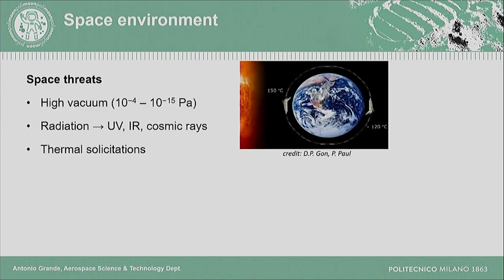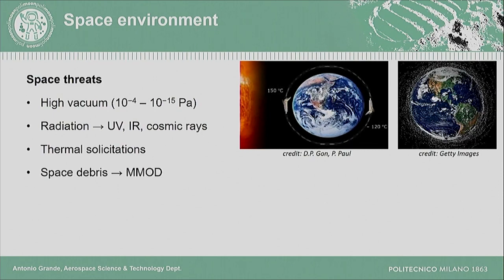We have variation in temperature. Depending on the mission, we go from minus 100 degrees up to 100 degrees, also around the Earth, but also on the moon surface. We have the risk of impact with space debris that can cause damage, impacting at hypervelocity on structures and on astronauts during extravehicular activity.